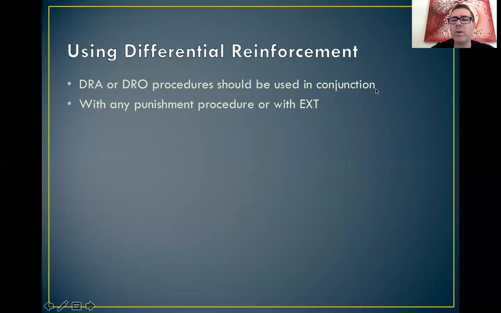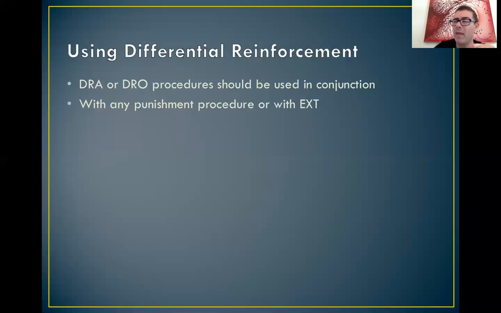Now, when we talk about response cost, I think the same general notion that I discussed with timeout applies. Every time you're using some sort of punishment procedure, whether it's negative or positive, DRA or DRO should be used in conjunction, right? With DRA, you're reinforcing the appropriate behavior. And it's differential reinforcement because you're differentially reinforcing appropriate behavior, but you are putting the problem behavior under extinction or under a punishment contingency.